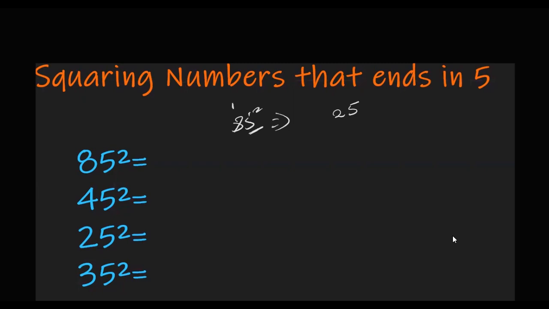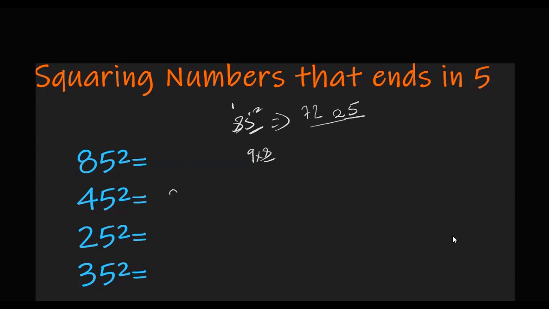That one becomes 9, and then just take 9 by 8, which gives you 72. So 72 becomes your answer. So what happens is first write 25 at the end, and then instead of multiplying 8 by 8, you add 1 to that 8 to give you 9 and multiply that 9 by 8, and then you have 7225.